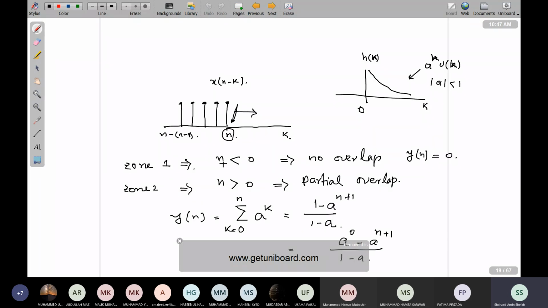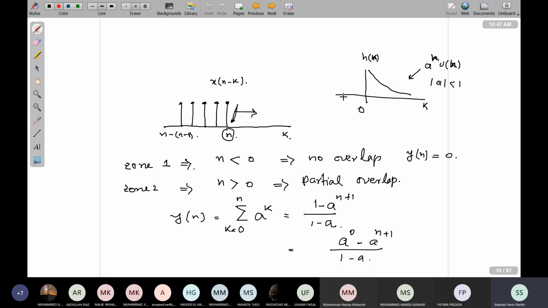So in this zone, when n is lesser than 0, y of n is equal to 0. Whenever I will be giving you this problem, you will be giving me the answer in this form. There are different zones.